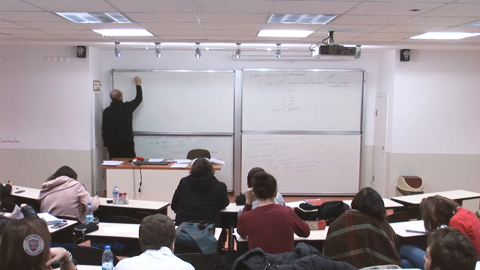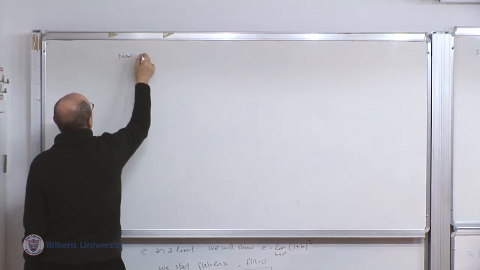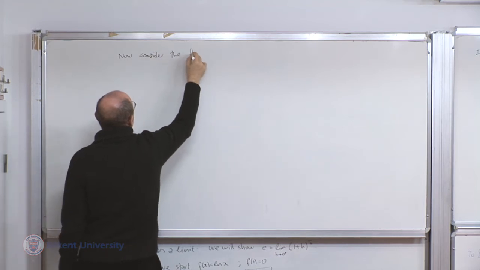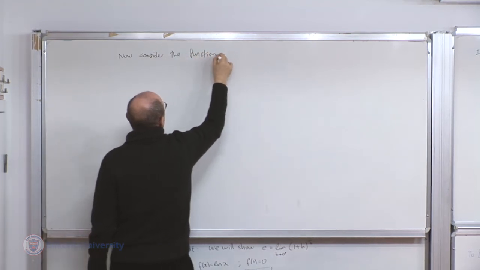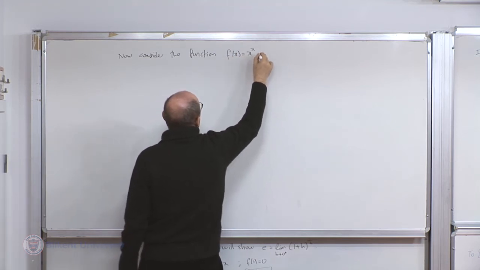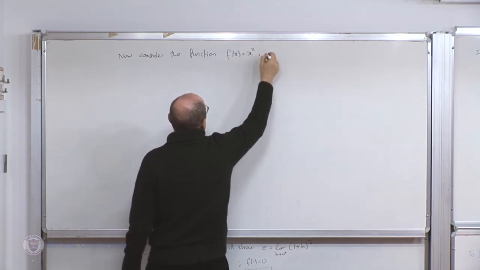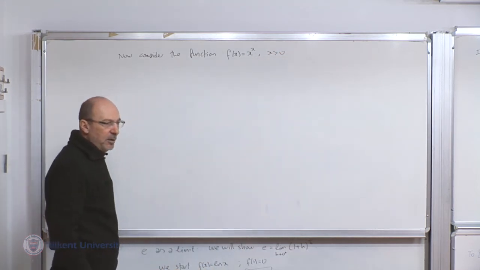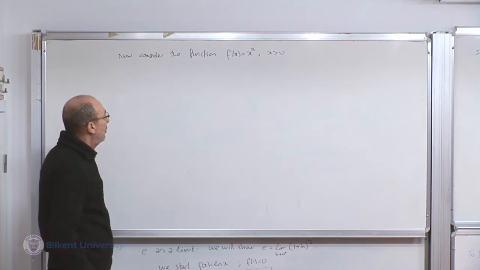Okay, so now consider the graph, the function f of x equals x to the x. Now the base must be positive, so the domain of this is positive real numbers.